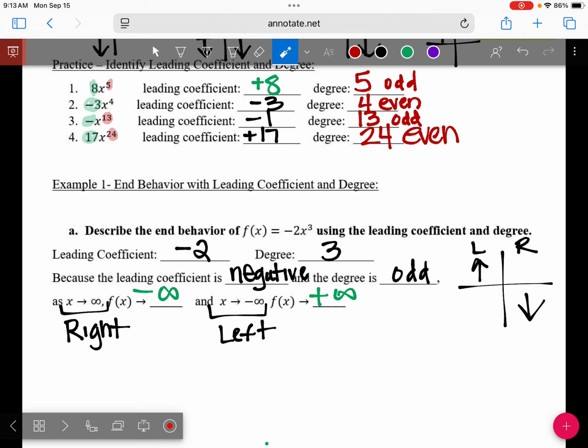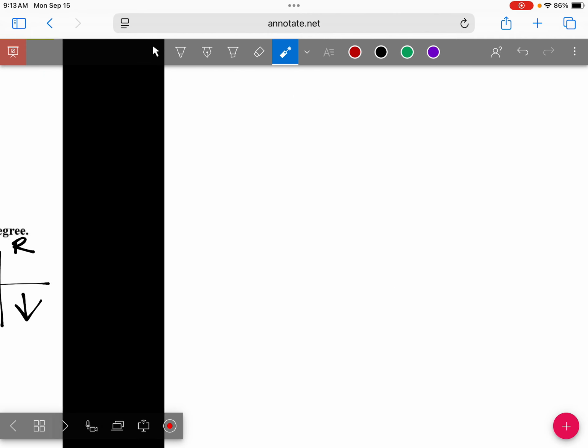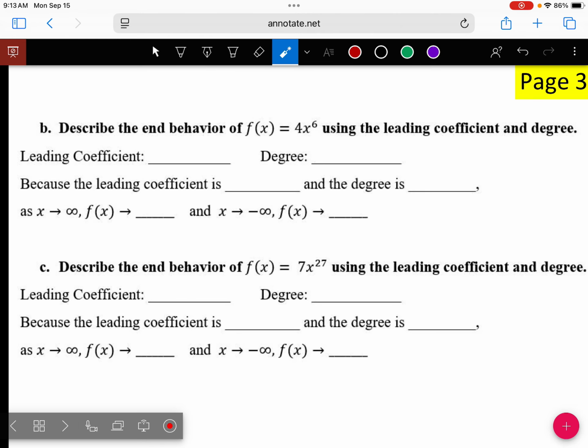All right, let's look at B. What's my leading coefficient? 4. Who agrees with Tristan that it's 4? What's my degree? 6. So let me go ahead and make my little sketch. The leading coefficient is positive, so I'm going to put an arrow going up.